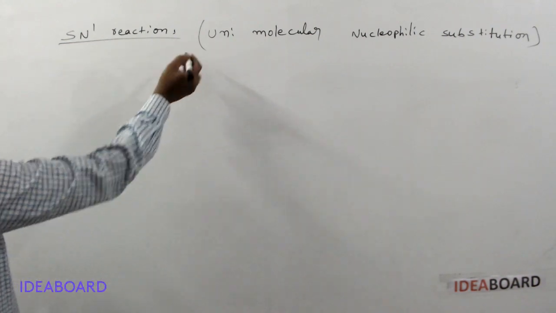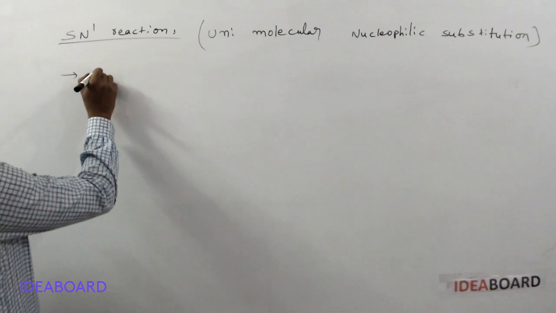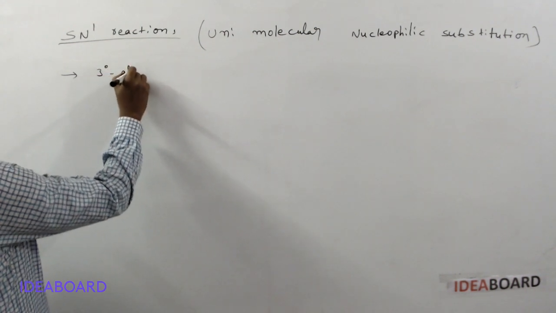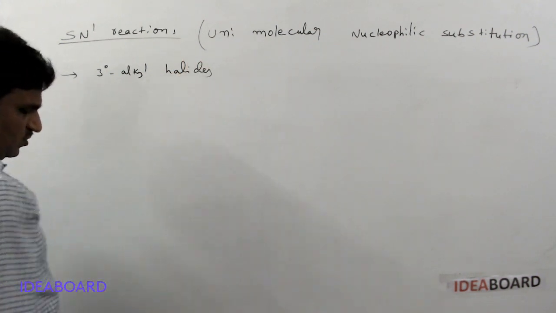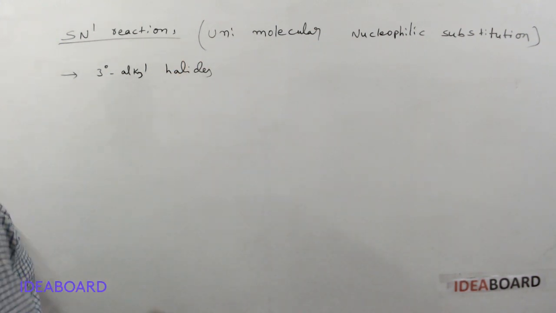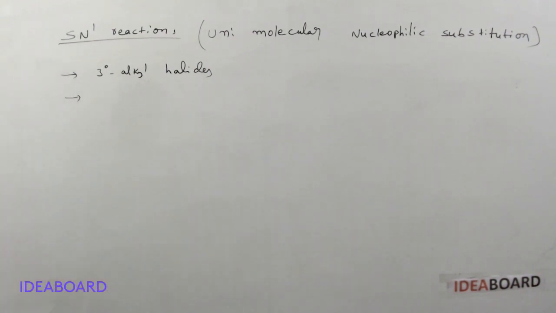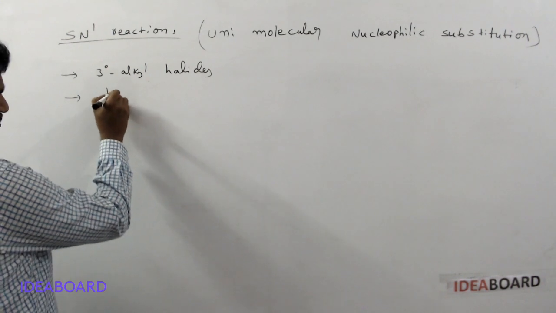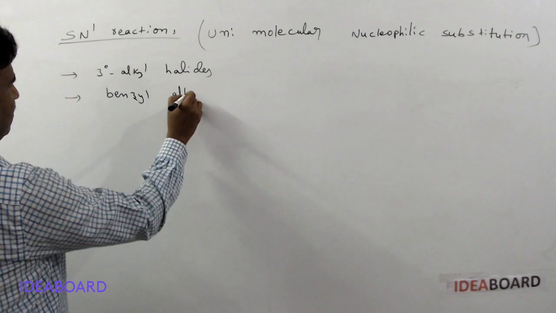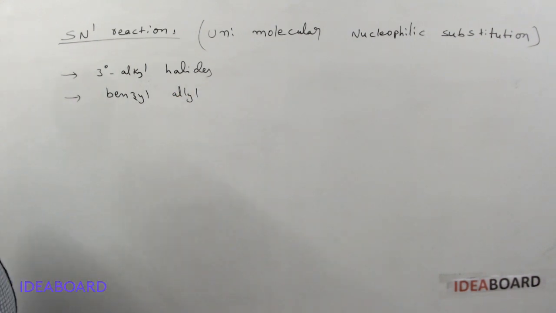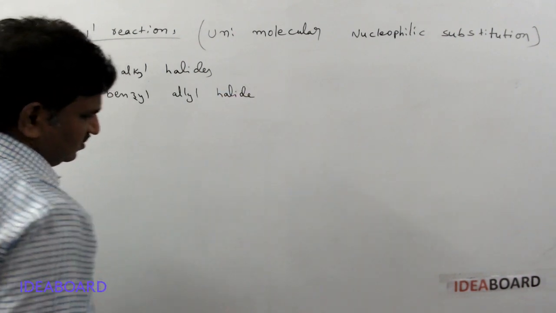What type of compounds will show SN1 reaction? Generally, tertiary alkyl halides undergo SN1 reactions. Along with tertiary alkyl halides, benzyl and allyl halides also show SN1 reactions.